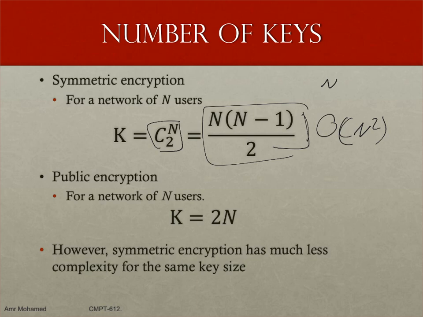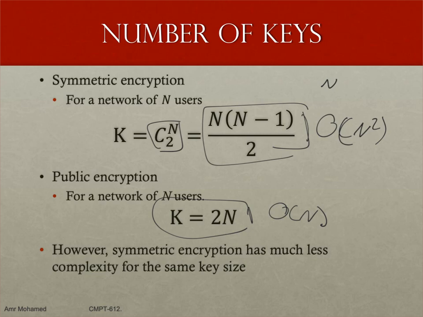And for public key encryption, each node will have 2 keys that are semi-permanent, right? We'll have a private key and a public key. The public key is known to all, and the private key is exclusive to one node. So in other words, each node will have 2 keys. The number of keys is 2n, which is O of n, right?